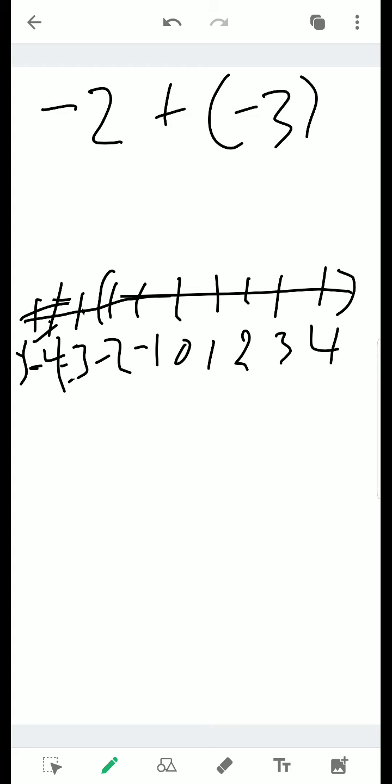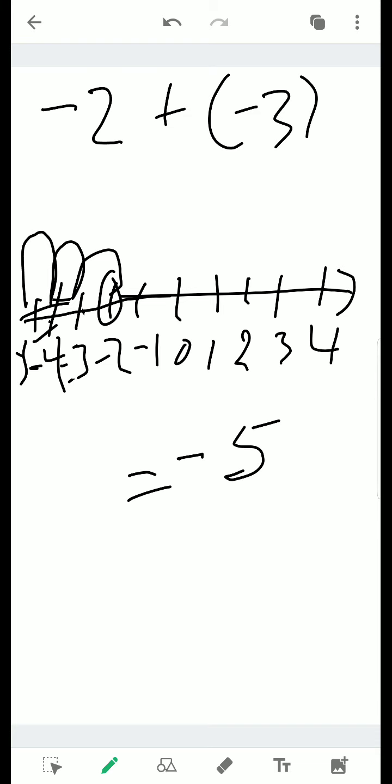So from negative 2, and I'm owing negative 3, it means I'm going backwards where the negative is. So I'll start 1, 2, 3. I'm going backwards. Alright? So now going backwards, I ended in what? The answer is negative 5. So negative 2 plus negative 3, the answer is negative 5.